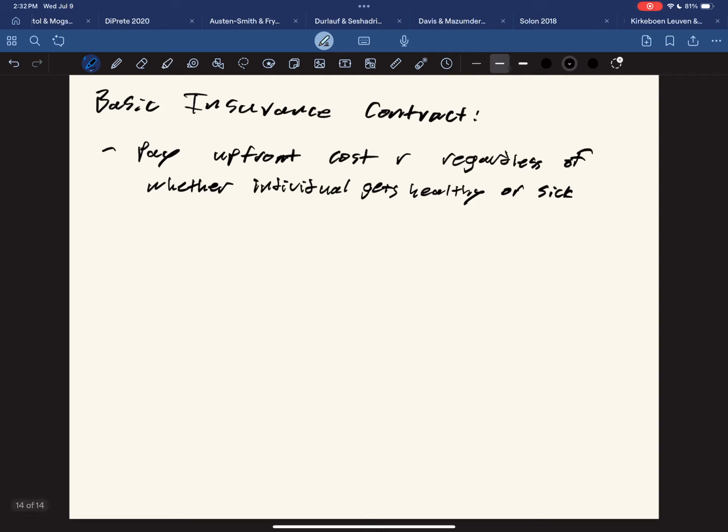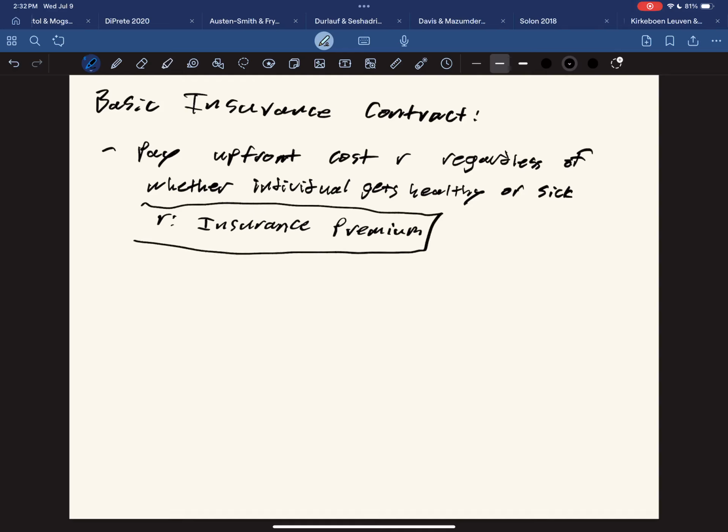This R is called the insurance premium. That's the definition, so I'll circle it here just to make it clearer on the page.